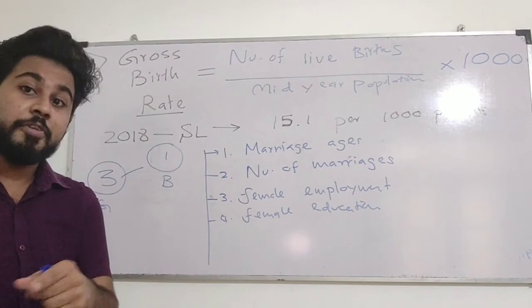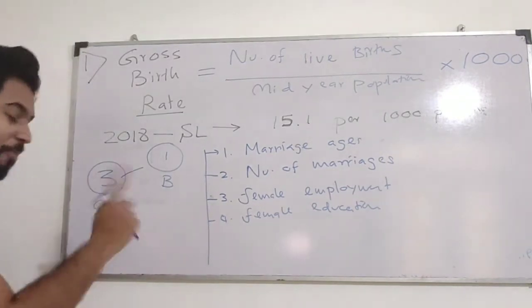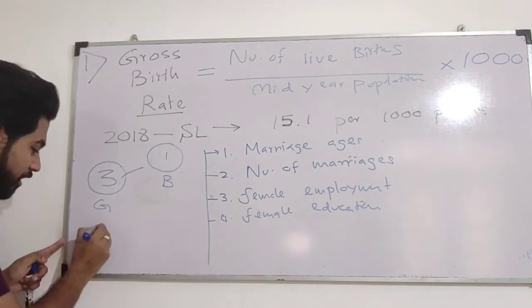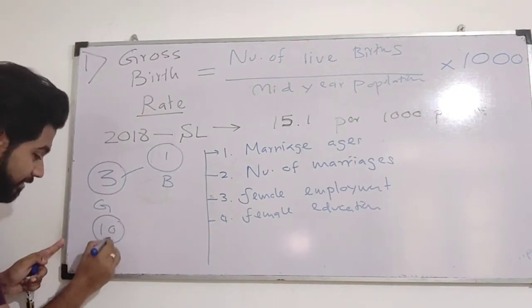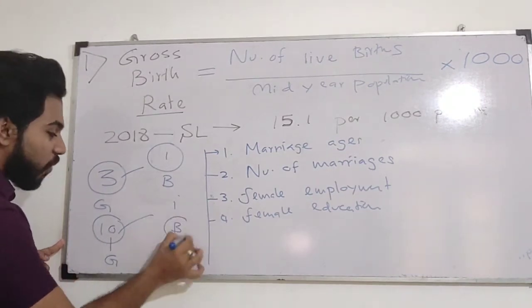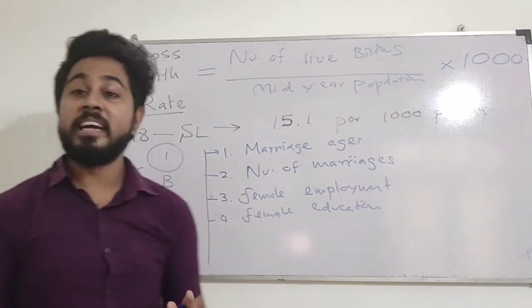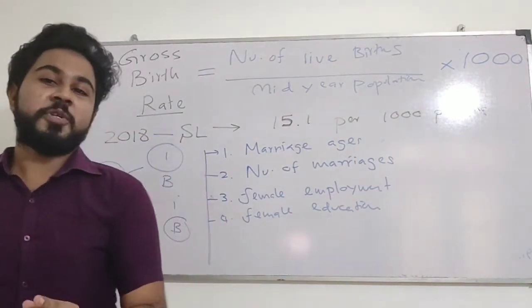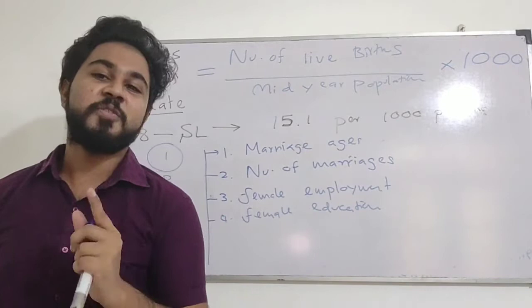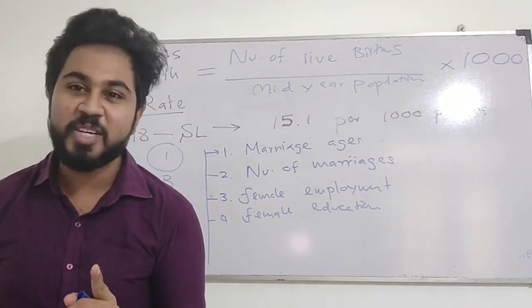And in the Faculty of Humanities and Social Sciences in this university, the ratio between girls and boys is something like that. For every 10 girls, there's one boy. See the ratio? This shows that in the education sector, the female participation is higher than the male participation.